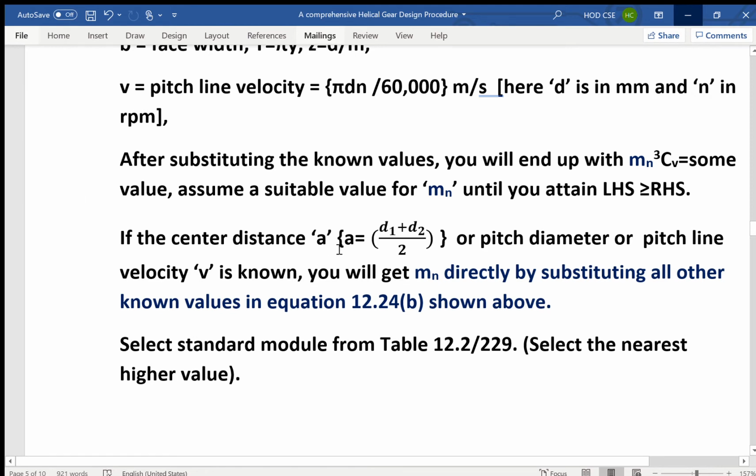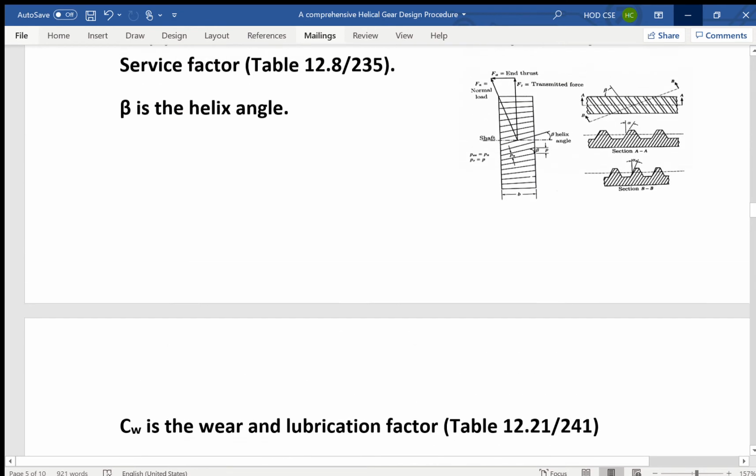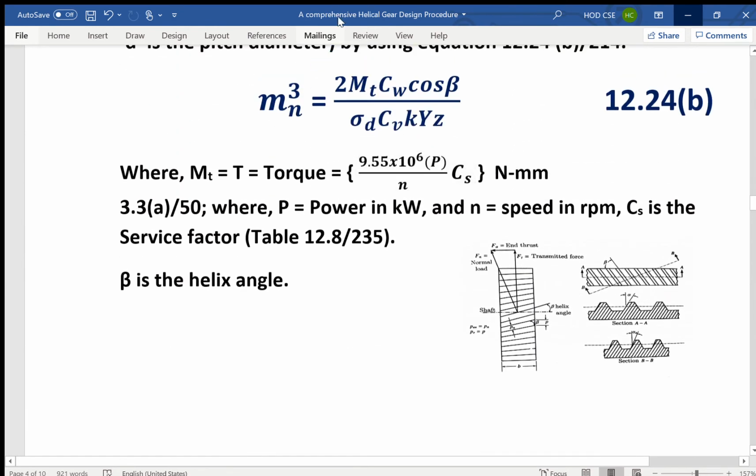If the center distance A, which is d1 plus d2 divided by 2, or the pitch diameter or pitch line velocity V is known, you will get Mn directly by substituting all other known values in equation 12.24b shown above.